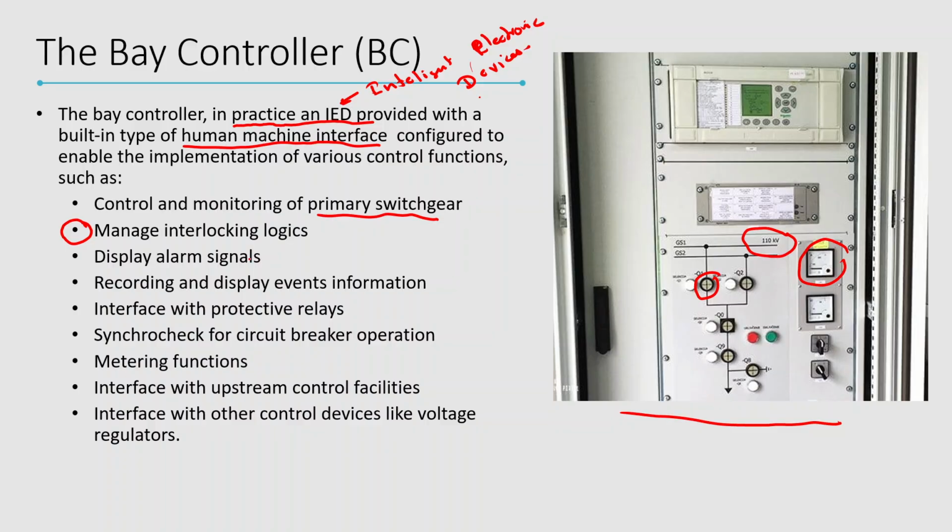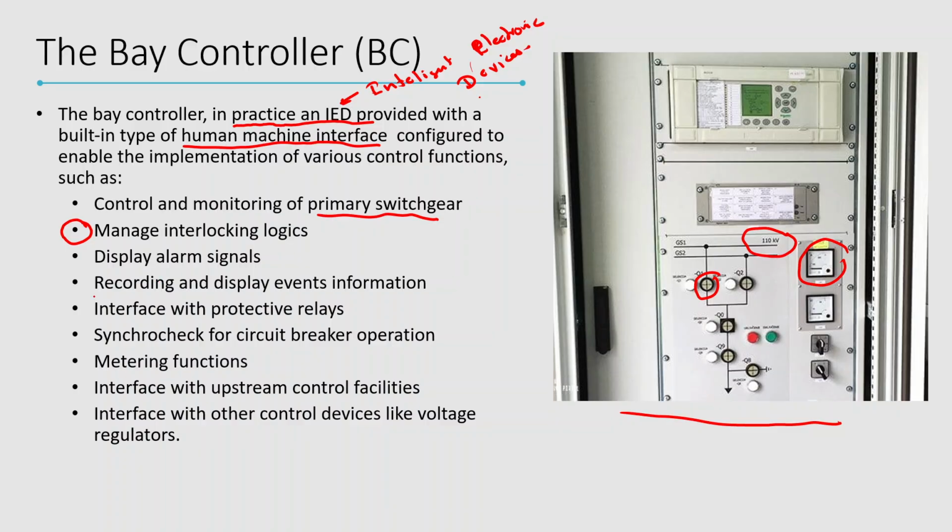So the bay controller makes sure that the interlocking procedure is followed properly, and it will display alarms and signals to the workers inside the local control center or the bay level control center.